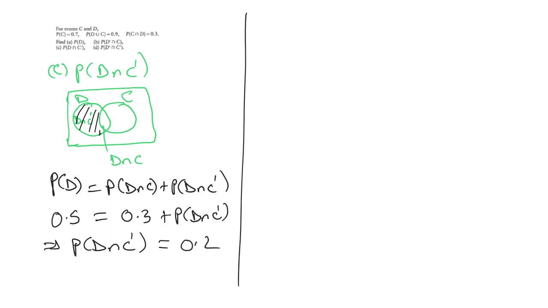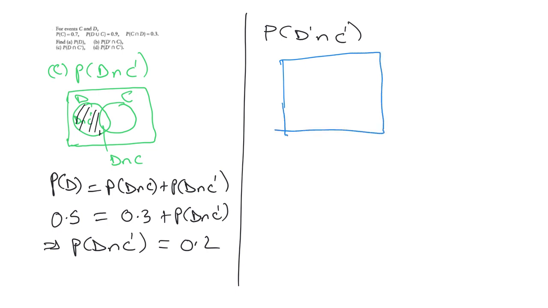Then next we have the probability of D complement intersection C complement. Here we make use of De Morgan's rule to solve for this. So we have C and D, this is the intersection, and outside here we have C intersecting D complement.